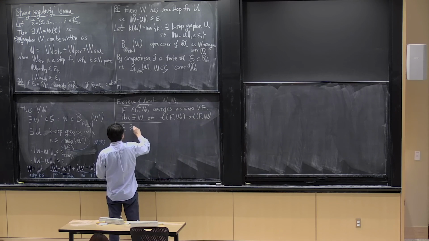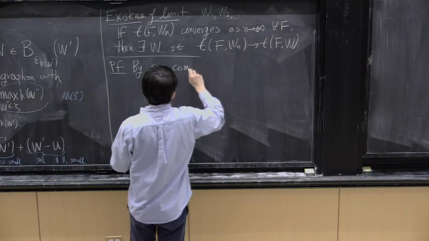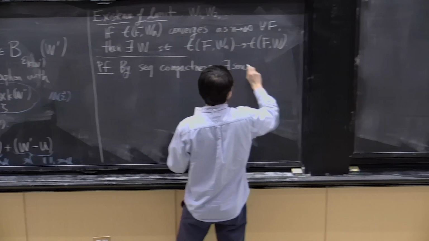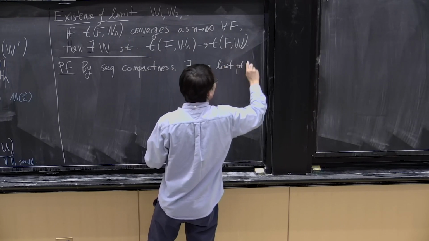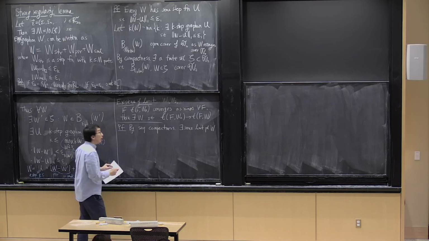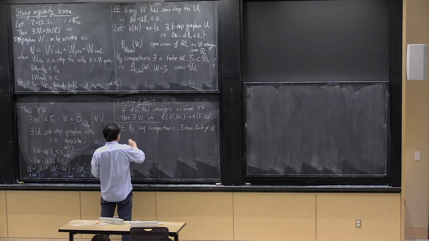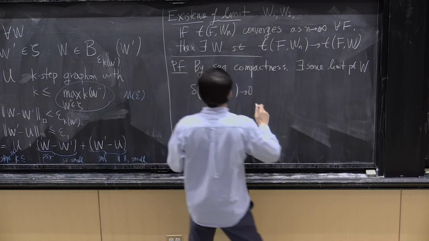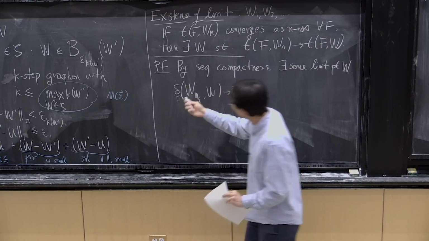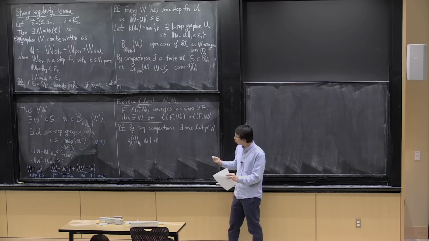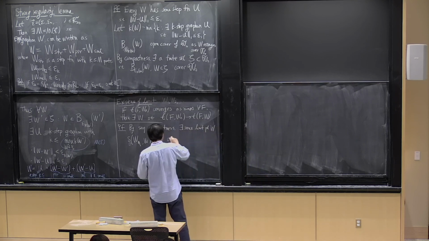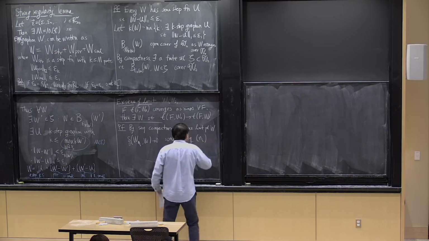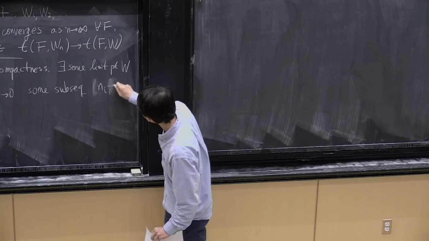So by sequential compactness, there exists some limit point, which we call W. And this W has the property that for some subsequence, the cut distance from the subsequence converges to W. So for some subsequence N_i going to infinity.